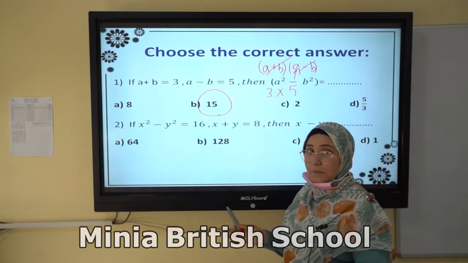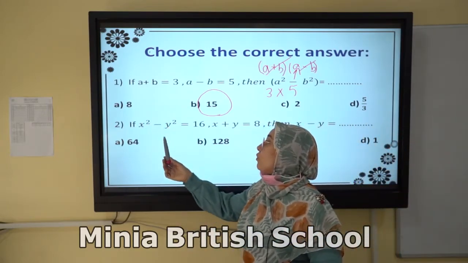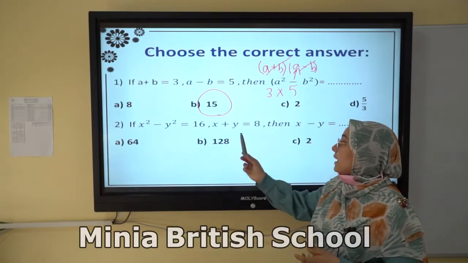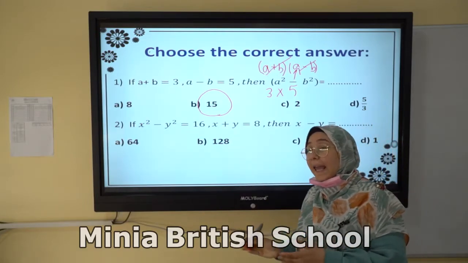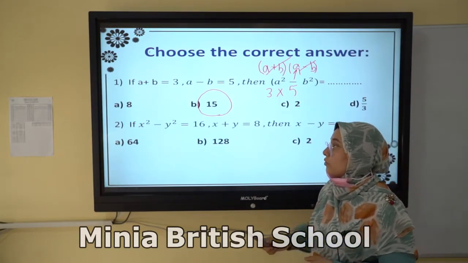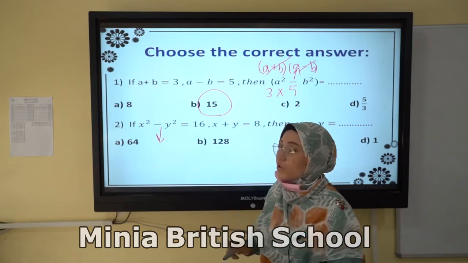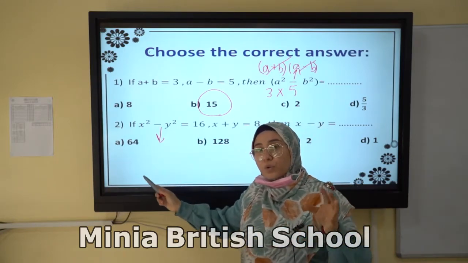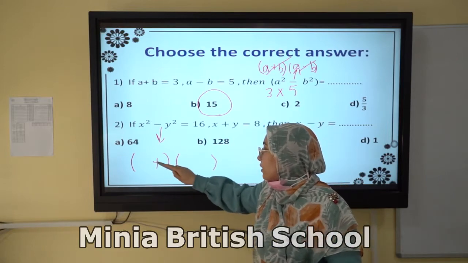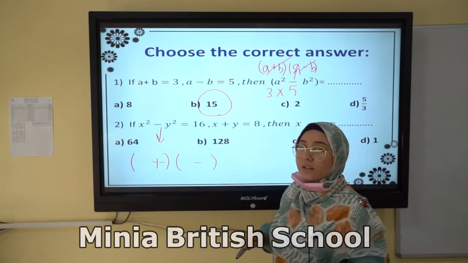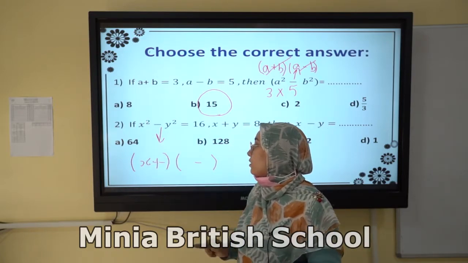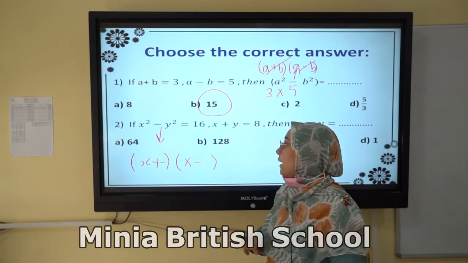Number 2, the same idea. If x power 2 minus y power 2 equals 16, and x plus y equals 8, then what is x minus y? You can factorize this expression first. It is the difference between two squares, so open two pairs of arcs, one of them positive and another negative. The square root of the first term is x, and here x.